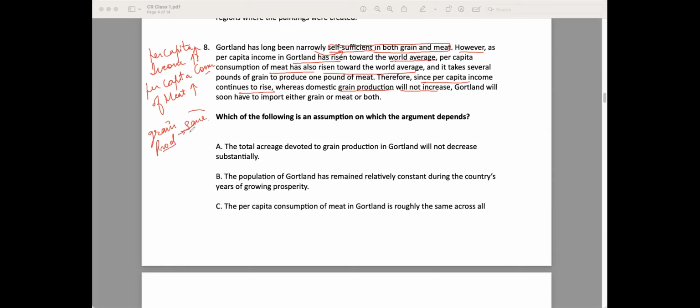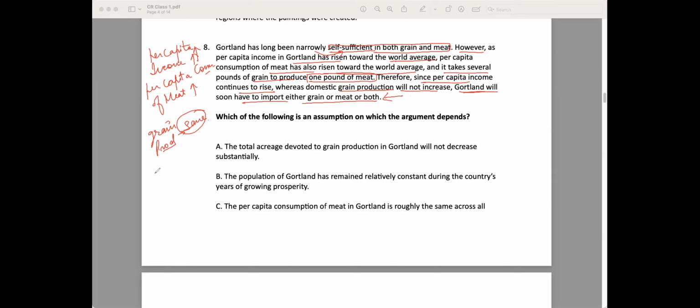It will not increase. And one more thing, it takes several pounds of grain to produce 1 pound of meat. So, several pounds of grain are required to produce 1 pound of meat. Therefore, Goatland will have to import either grain or meat or both.